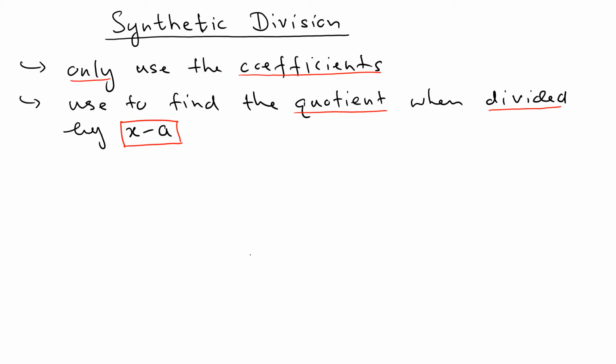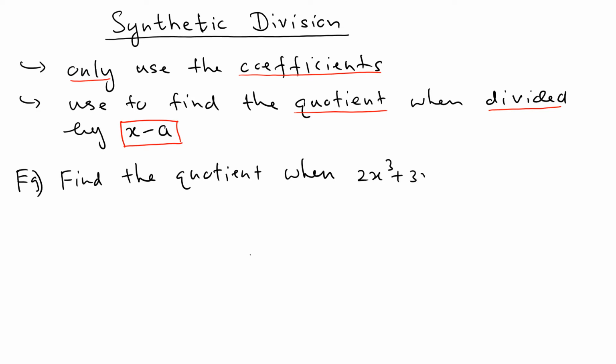So example 1. The question is to find the quotient when, let's say, 2x cubed plus 3x squared minus 2x minus 3 is divided by x plus 1.